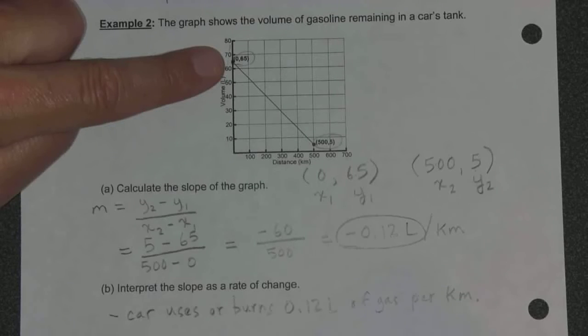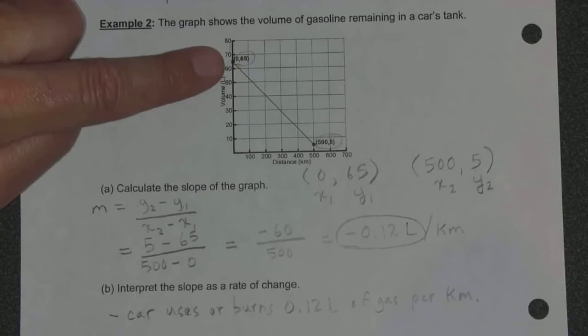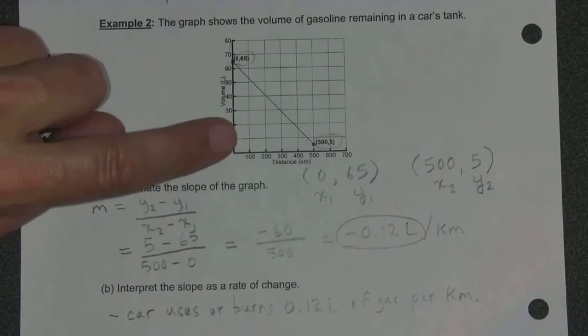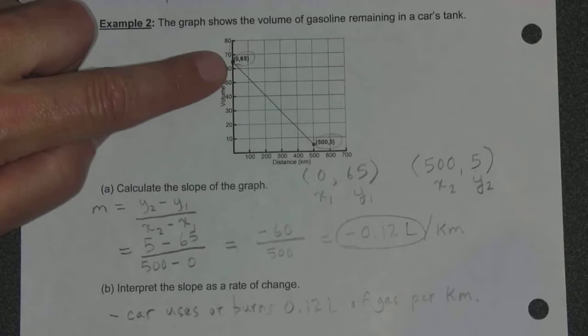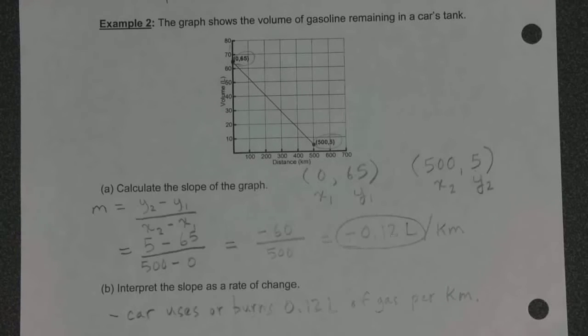Here's my equation. Capital V, which stands for volume of gasoline, is equal to, slope comes first, negative 0.12, with the D variable, and then your y-intercept, or your vertical intercept, which was plus 65. Okay, why do we have a formula?